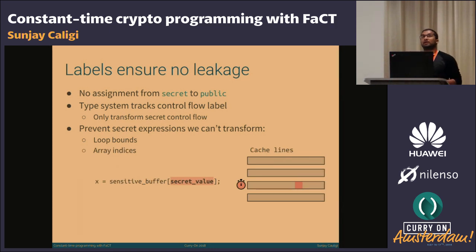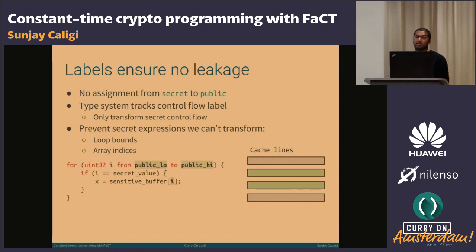Similarly, if you try to index memory based on a secret value, this can actually lead to cache timing attacks. Because if your cache state is determined by secret values, then an attacker can do cache timing measurements to figure out what your accesses were. So in this case, we would flag this as an invalid program, and one way the developer could get around this, if they really need to do a secret access, is to bound their memory access by some public bounds.